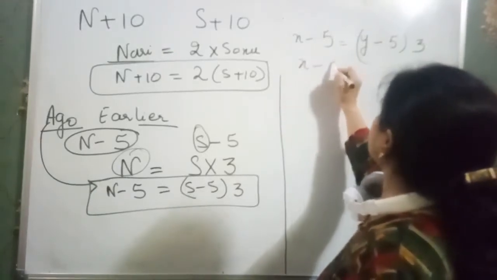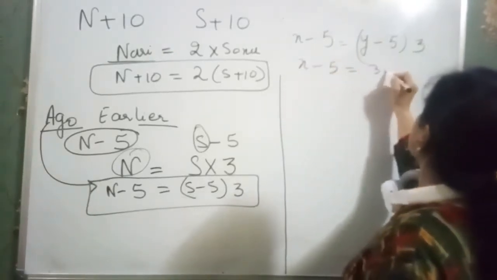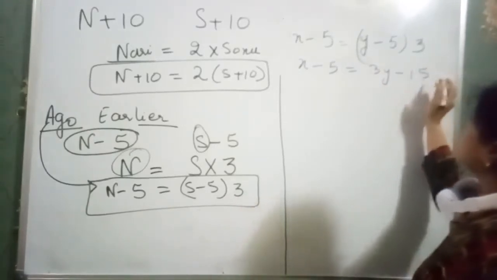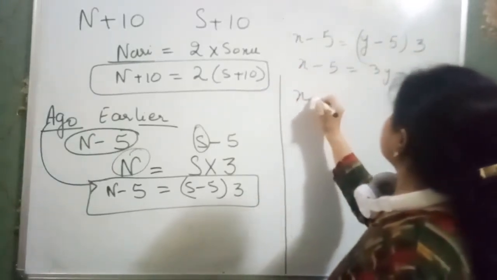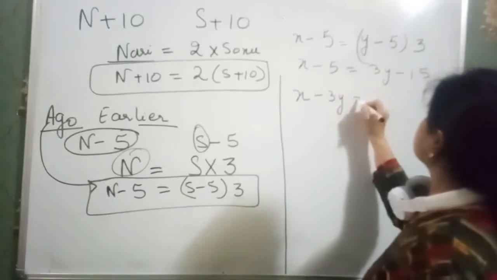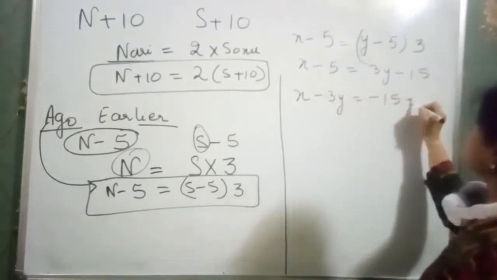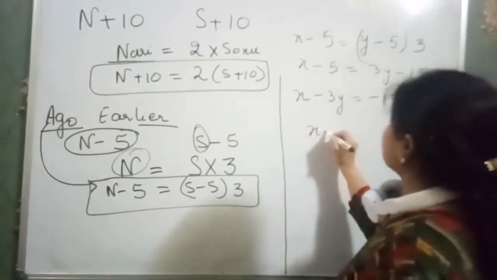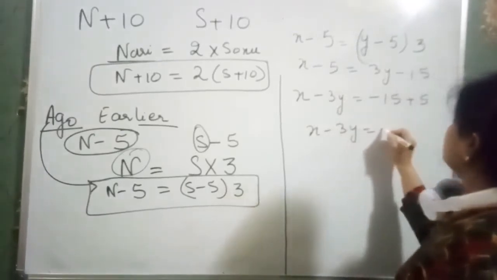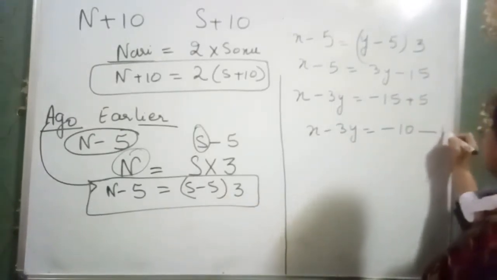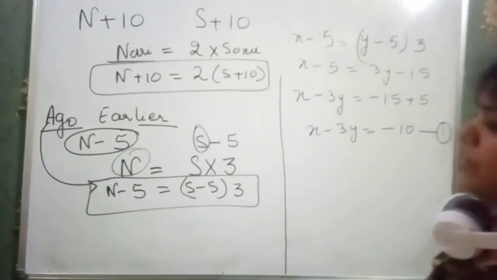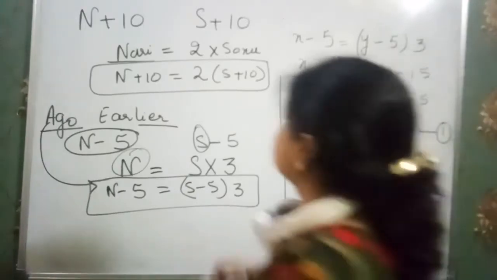Solve it. x minus 5 equals 3y minus 15. So bring it over here: x minus 3y is equal to minus 15 plus 5. So we have x minus 3y is equal to minus 10. This is the first equation. Now solve for the second.